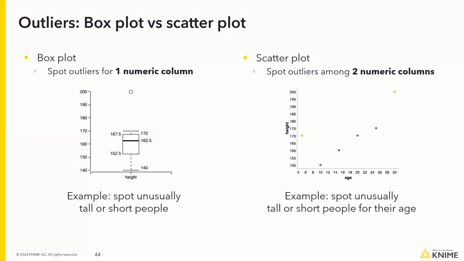For example, in a box plot, you can spot outliers for one numeric column. A box plot shows you the summary of the data, and so you can see which data points are significantly different from the data in general. And again, in a scatter plot, you can see which data points don't fit into a general trend.